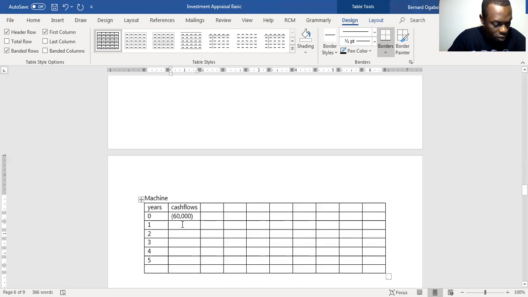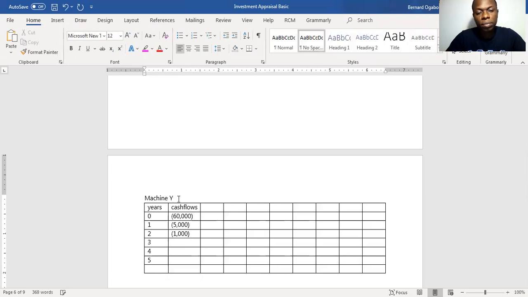Year 1 is 5,000 in a loss. Year 2 is 1,000 in a loss also.